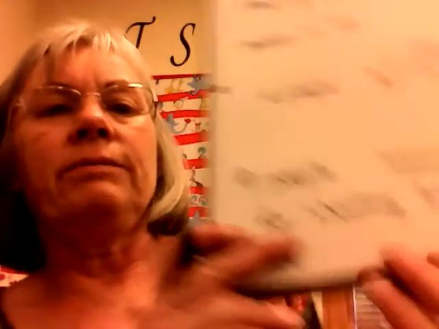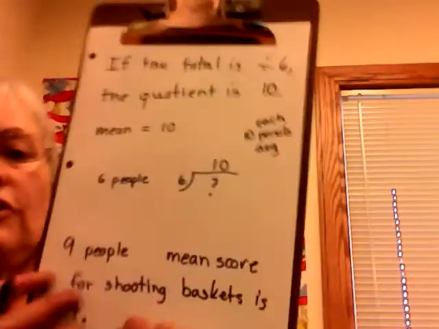I'd like to have you do another problem this way. I'm going to tell you how many people are involved and what their mean is. We have 9 people. We'll say that they are shooting baskets, and their mean score for shooting baskets is 4.